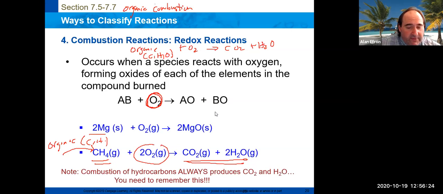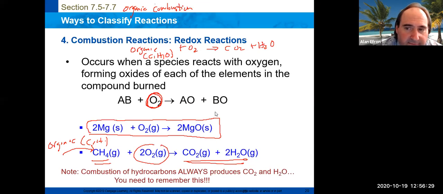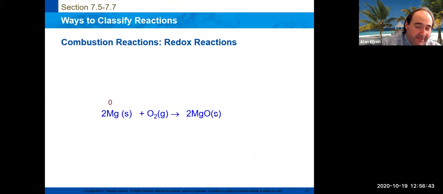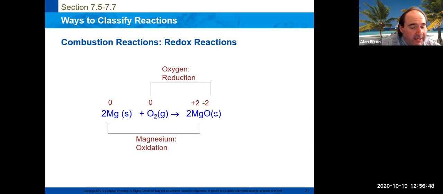So if we look at this first one here, this is technically a combustion reaction because it involves oxygen. Now, you may also say to yourself, is it some other type of reaction? And the answer is yes. If we look at this closer, in addition to it being a combustion reaction, it is also a redox reaction. Our magnesium is losing electrons and becoming more positive, while our oxygen is gaining electrons and becoming more negative.